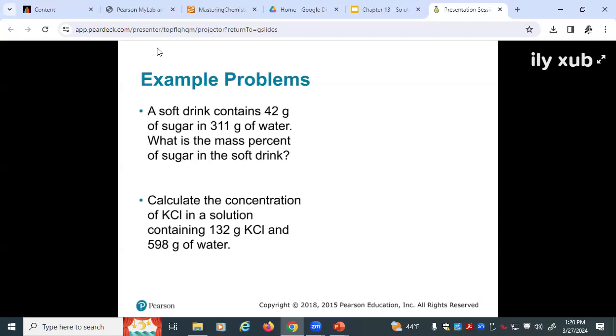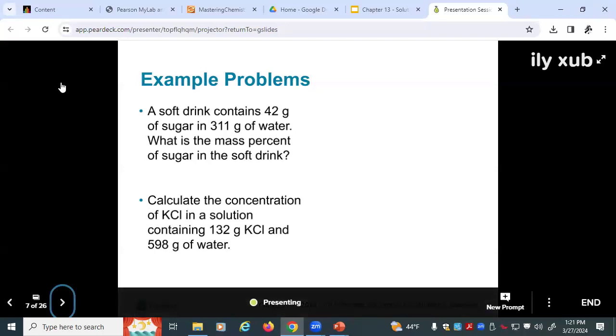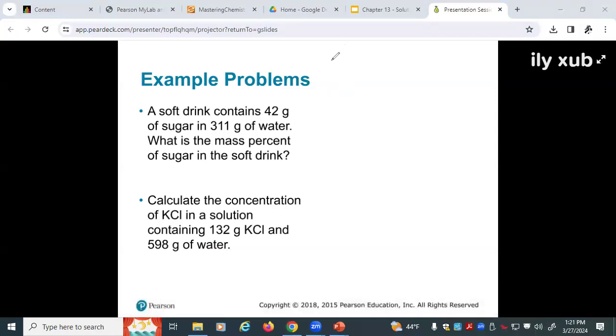What is the mass percent of sugar in this soft drink? Well, if I follow my equation, the percentage is mass of solute over mass of solution times 100.